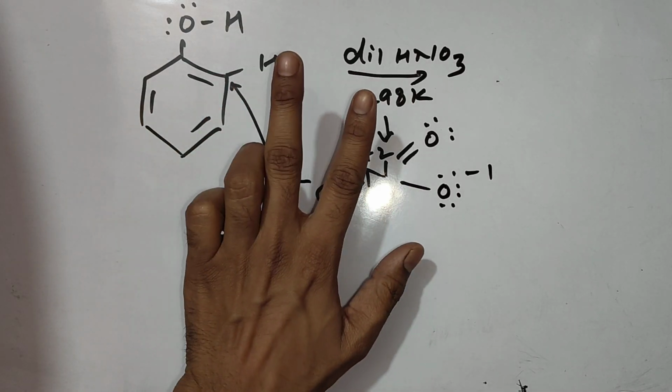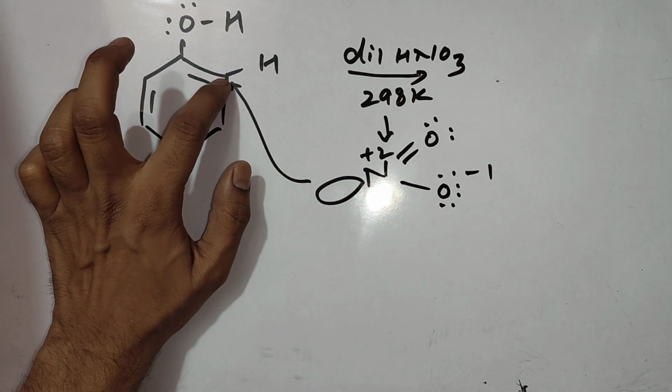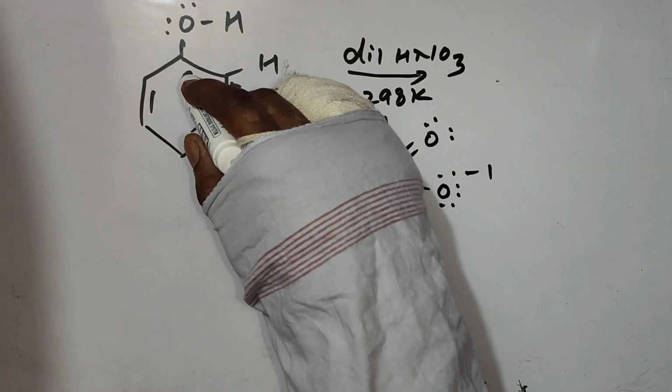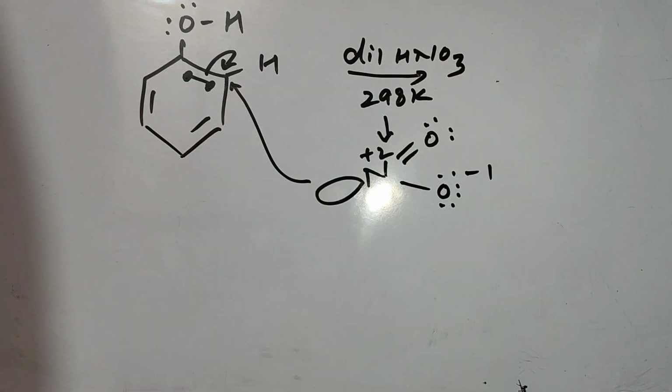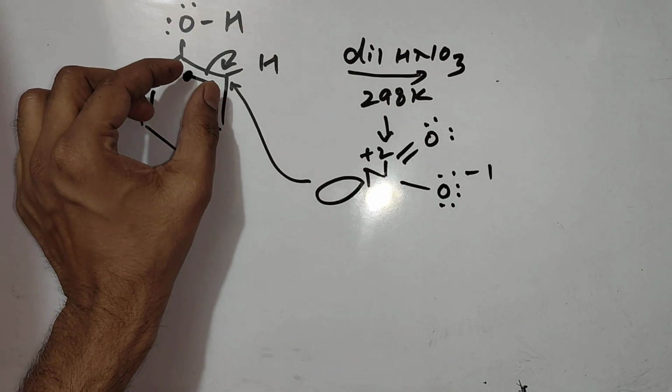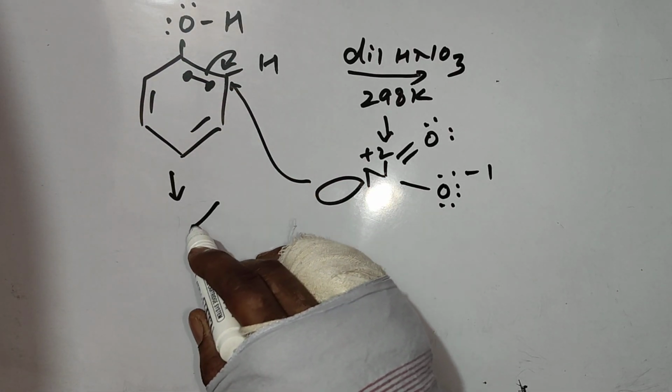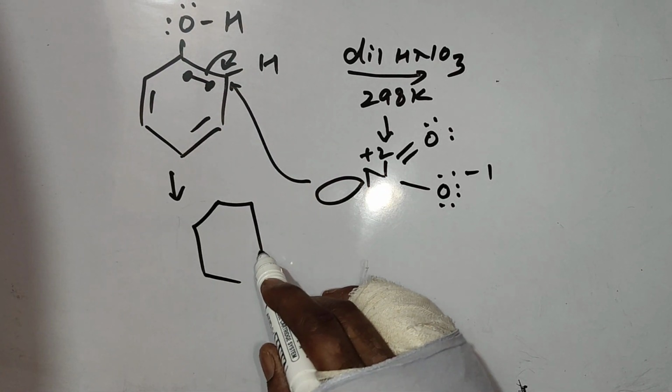So the responsibility of providing electrons will be of this carbon. What will this carbon do? It will bring these pi electrons toward itself, and with the help of these pi electrons, it will make a dative bond with nitrogen. So the next condition generated will be this.